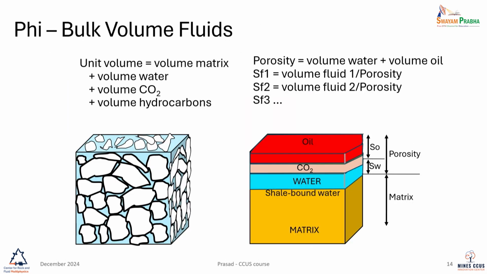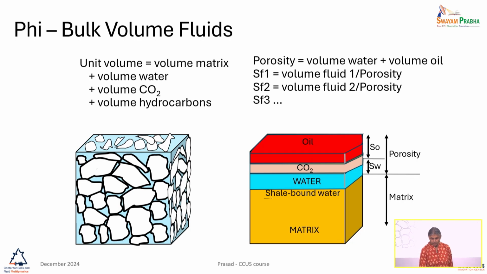Okay, how do these fluids reside? This is my rock volume, this is the matrix, a very crude depiction, I am not an artist. The blue is all pore space. If I divide them up, then I have the matrix over here, some part of it is shale.